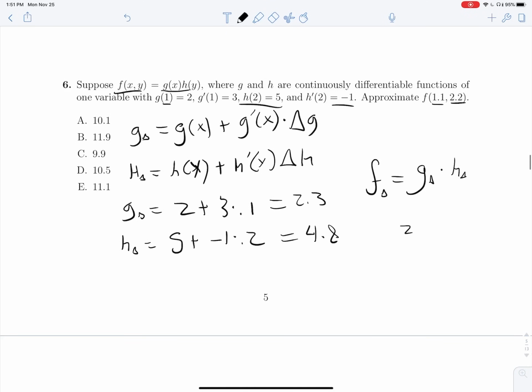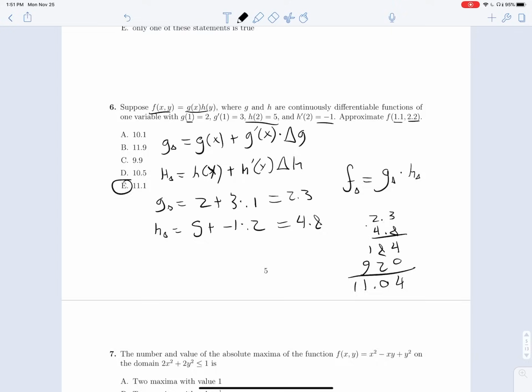And so 2.3 times 4.8, that's going to give us 11.04, which according to this exam rounds up to 11.1.